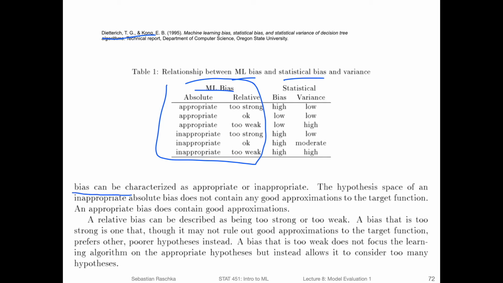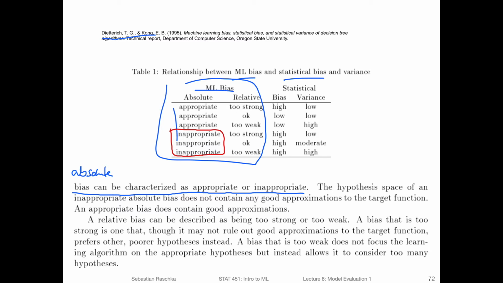So they say a bias can be characterized as appropriate or inappropriate. So there are appropriate and inappropriate biases. This refers to the absolute bias. I think it was cut off here. It was maybe on the previous page in the PDF. And the inappropriate ones, let's highlight them in red. Red is usually the color that denotes that something is bad.